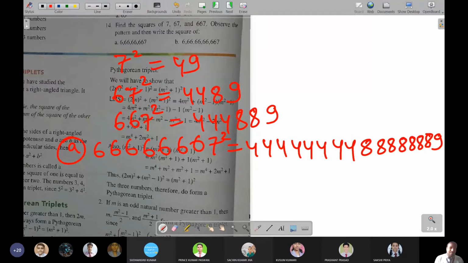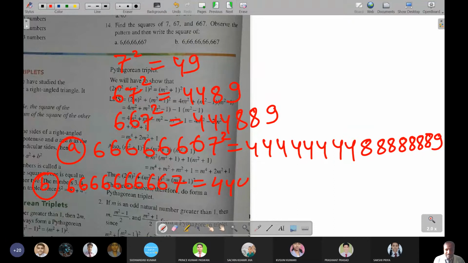In the same way, if you see B, what is there in B? 9 sixes and a 7 are there. 4, 4, 8 and 1, 9. So 1, 2, 3, 4, 5, 6, 7, 8, 9 sixes, so it will become 10 fours, one more than the 6s.